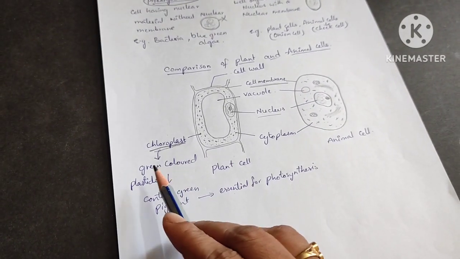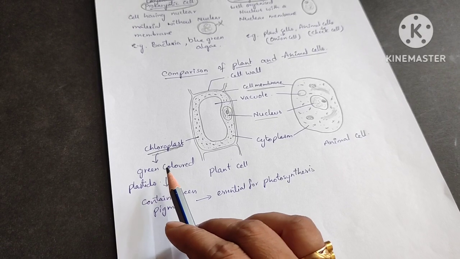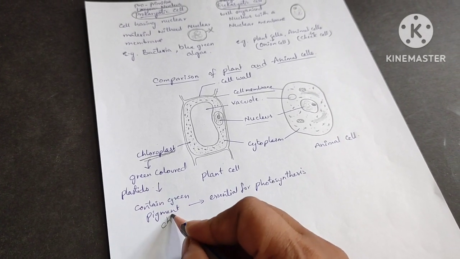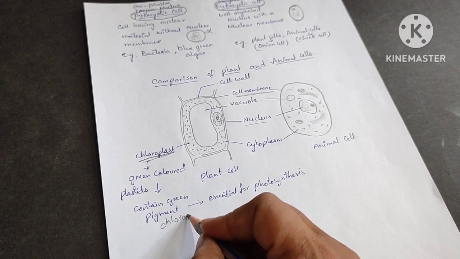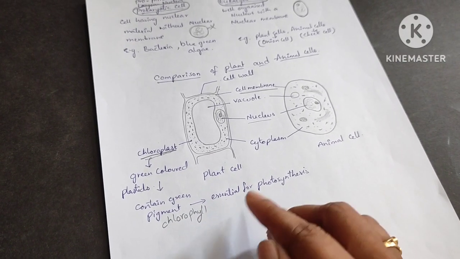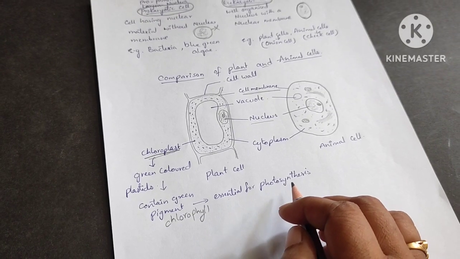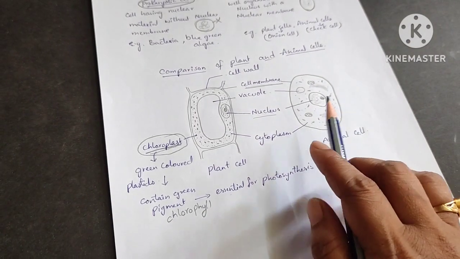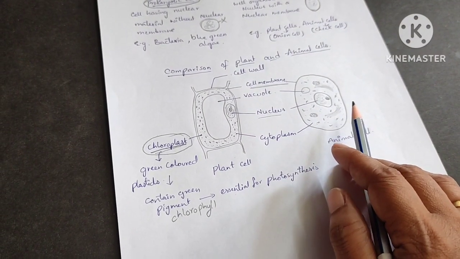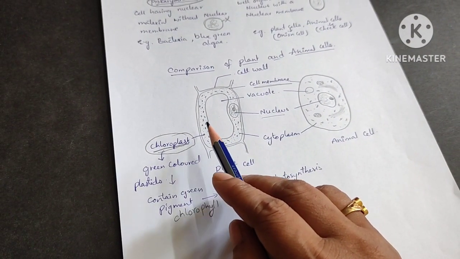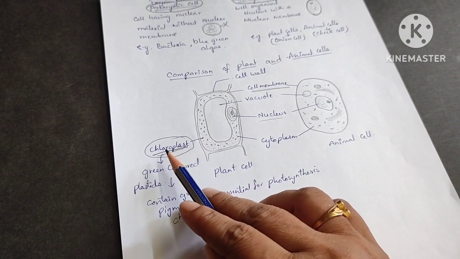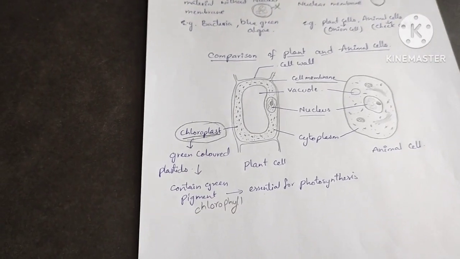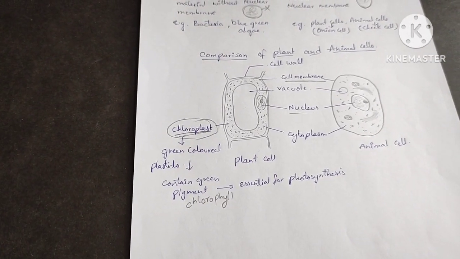Chloroplast is a green colored plastid which contains a green pigment called chlorophyll, which is essential for photosynthesis. These chloroplasts are absent in animals, that's why we can't prepare our own food material, whereas plants can prepare their own food due to the presence of chloroplast. So this is about the differences between plant cells and animal cells.